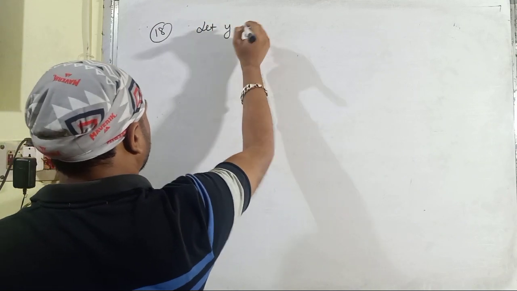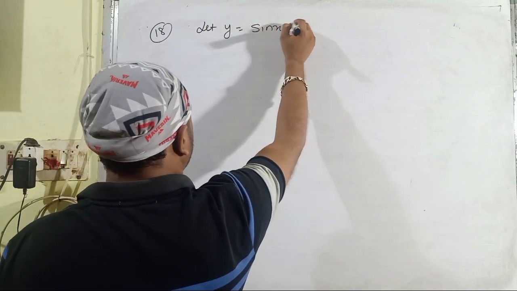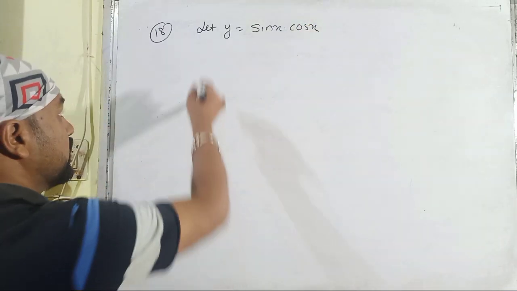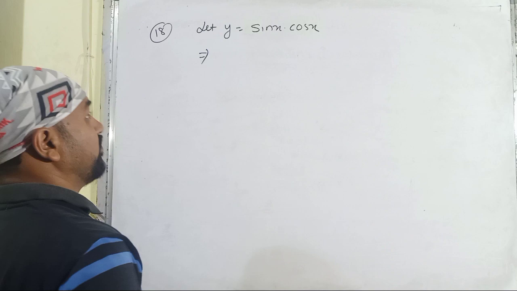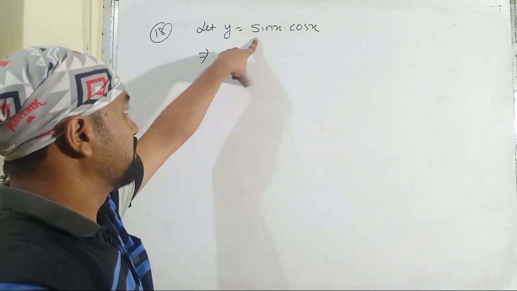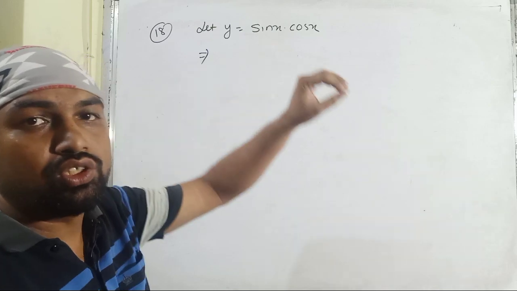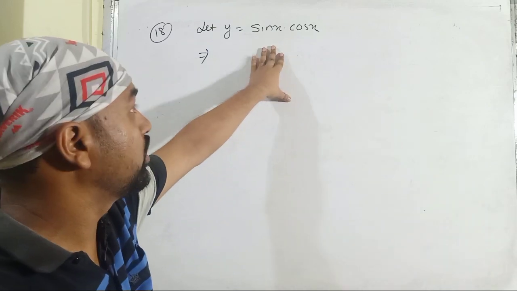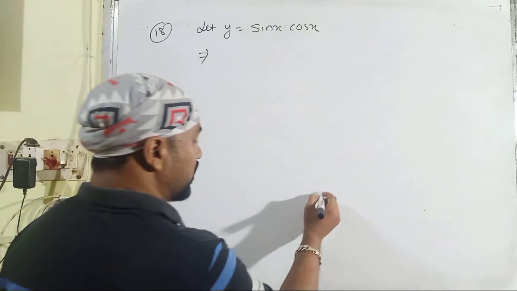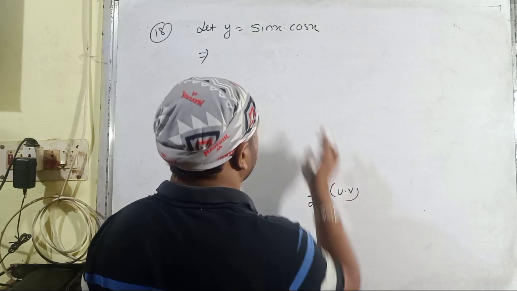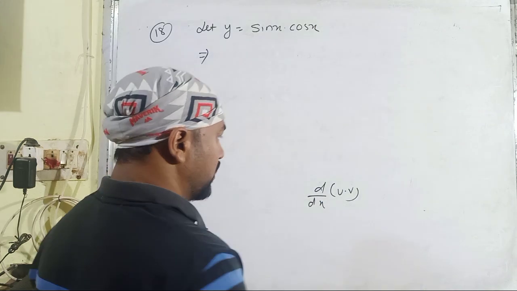Let y is equal to sin x into cos x, and we have to differentiate it. We can differentiate this function sin x multiplied with cos x by using the product rule, where u is sin x and v is cos x.